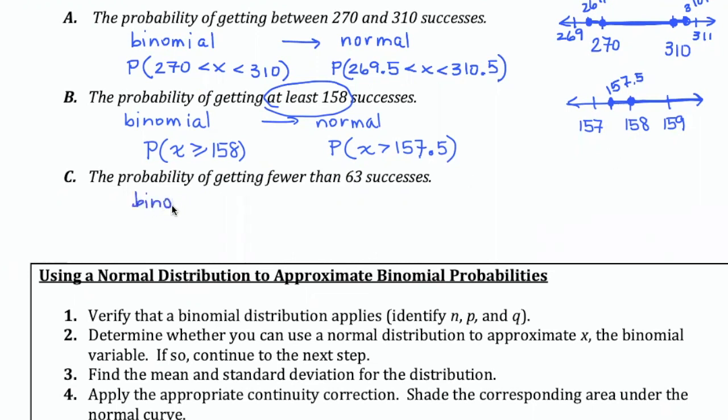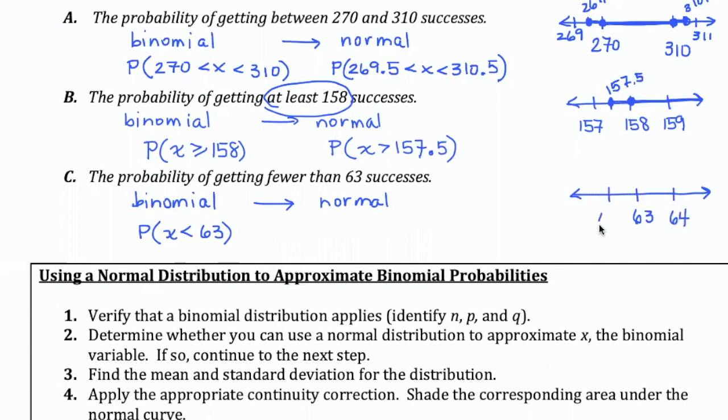If I say that I want the probability of getting fewer than 63 successes, then x would have to be absolutely less than 63. What is that as a normal distribution probability? 63 successes. If I want fewer than that, then I'm looking at everything on this side, 62 and below, because I don't want to equal 63.